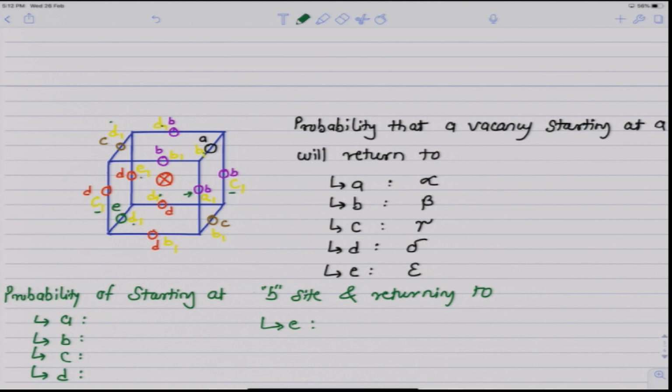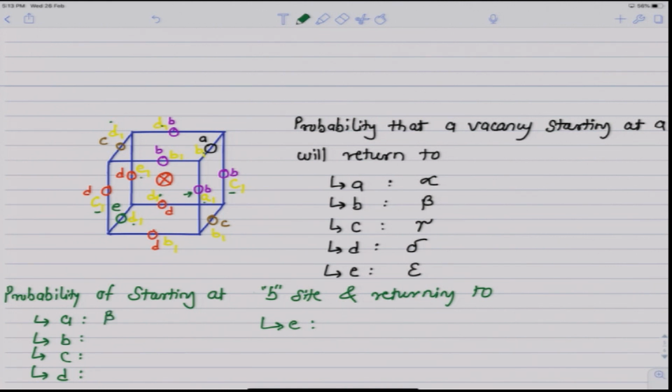Now the probability that a vacancy starting at a site B returns to A is same as probability of a vacancy starting at A1 and returning to a B1 type of site, which should be equal to beta.